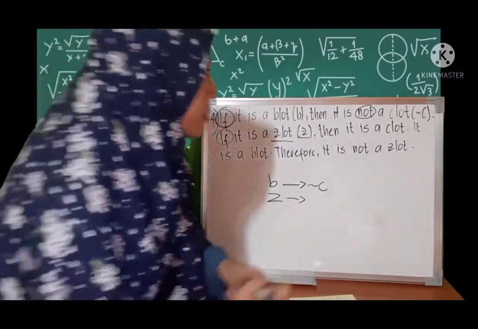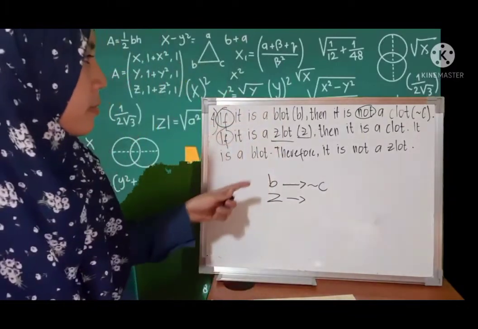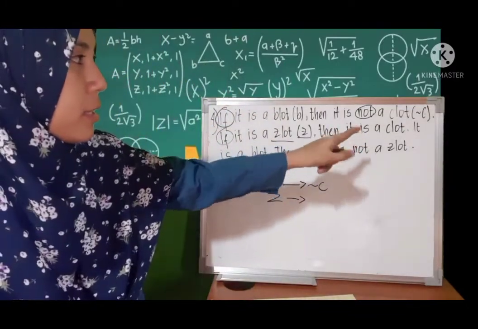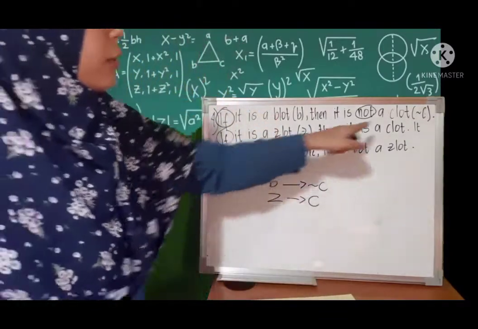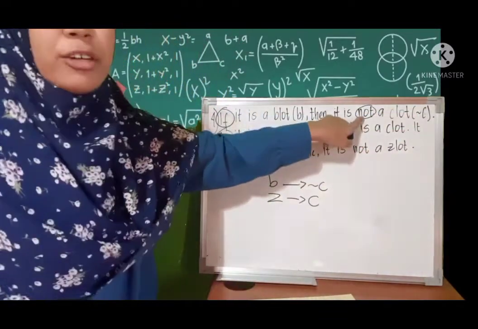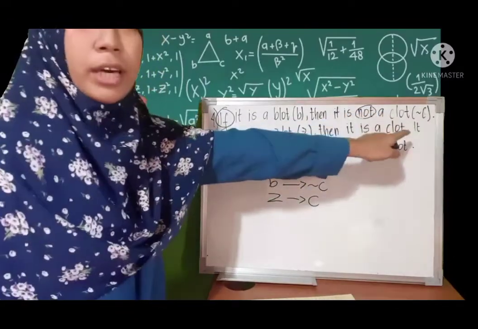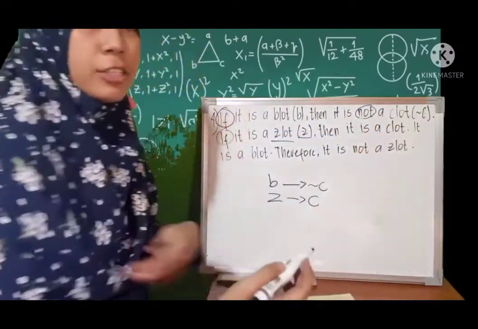Then it is a clot. C. Kaya naging C ito, or not yan, kasi meron siyang word na not. So, na-direct na siyang nalagyan ng negation.